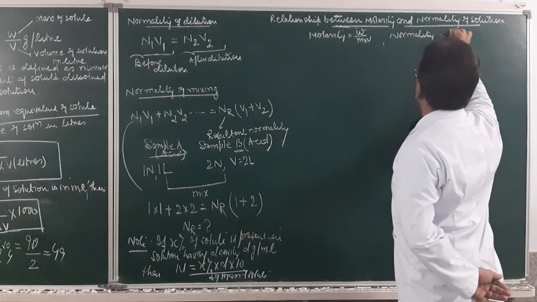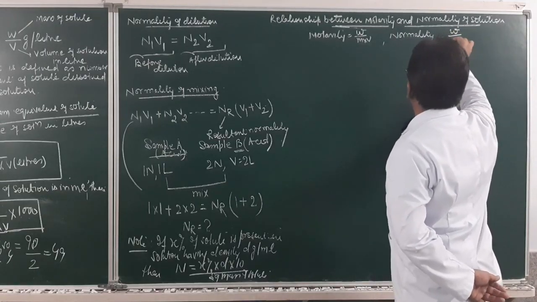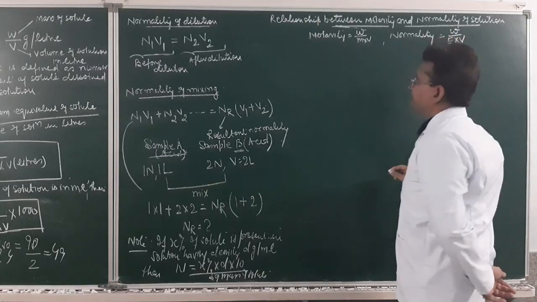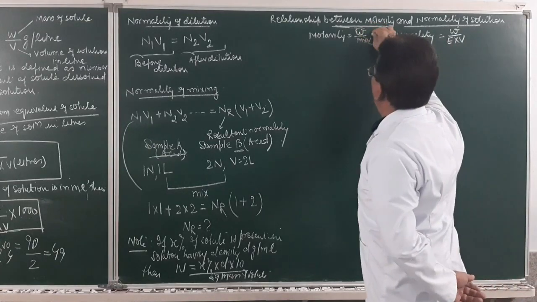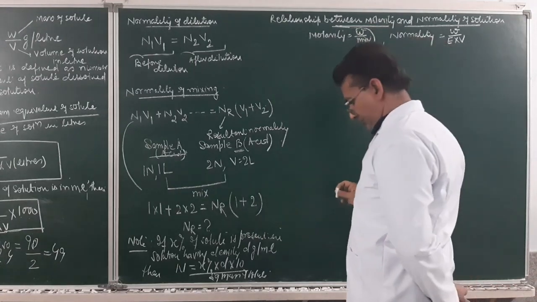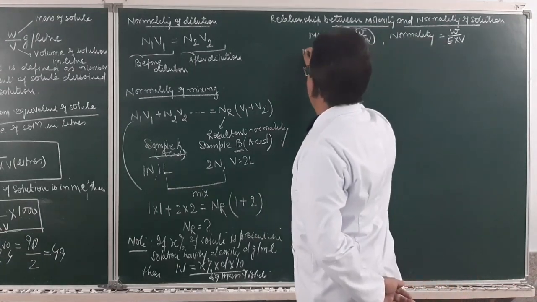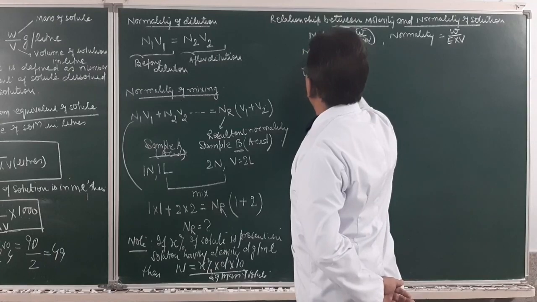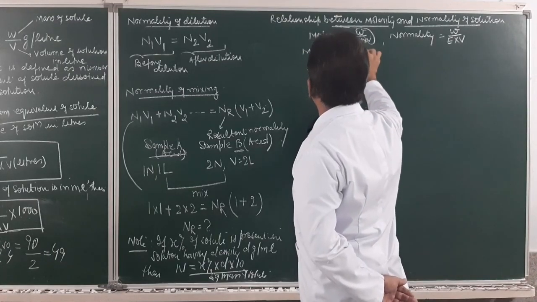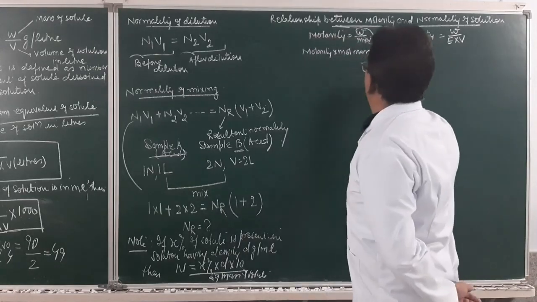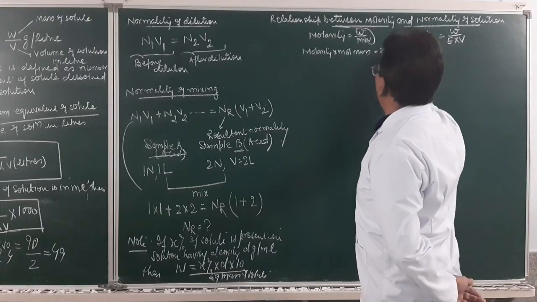This will be equal to W upon E into V. What is this W upon V? It is the strength of the solution. So molarity into molecular mass will be equal to the strength of the solution.